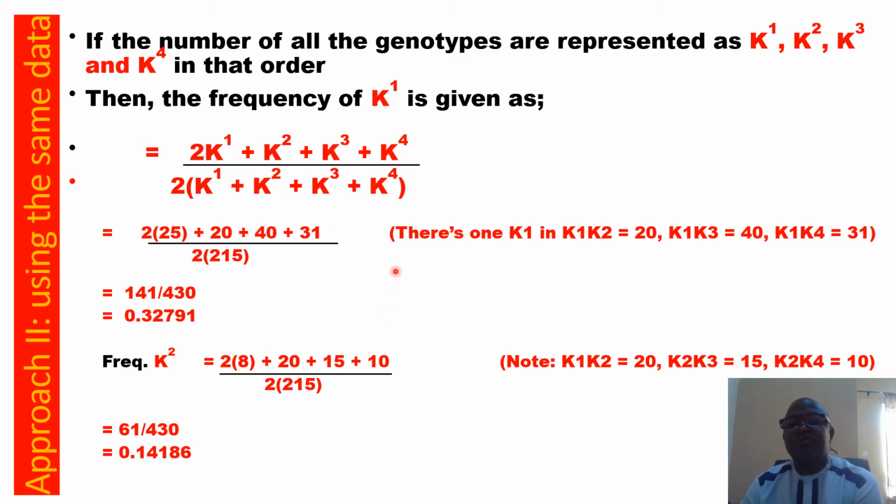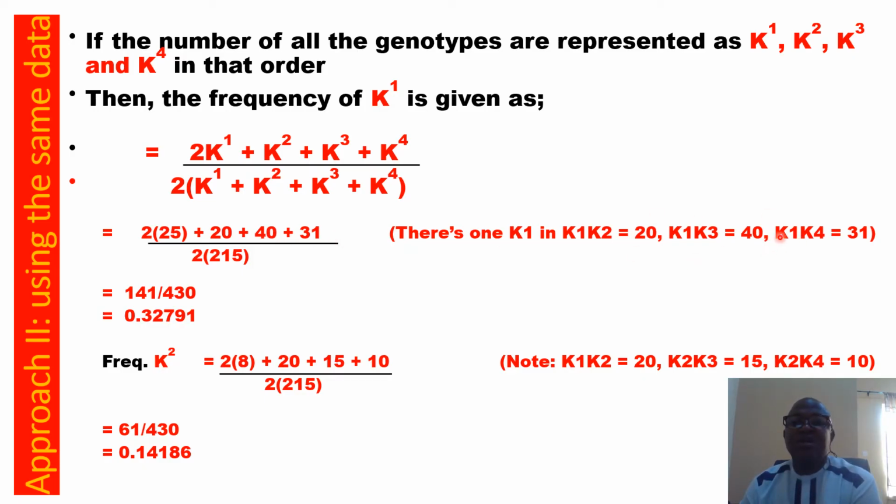430. So if you do 2 multiplied by whatever, you get 2 multiplied by 25. Note also that there's 1 K1 in K1, K2, which equals 20. That's where we got our 20 from. 1 K1 in K1, K3, that's where we got our 40.